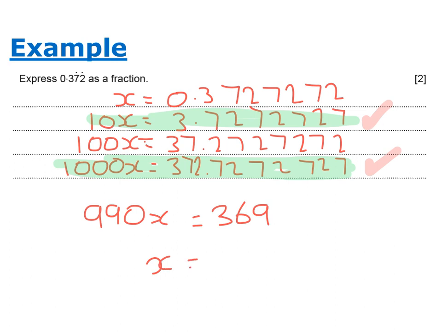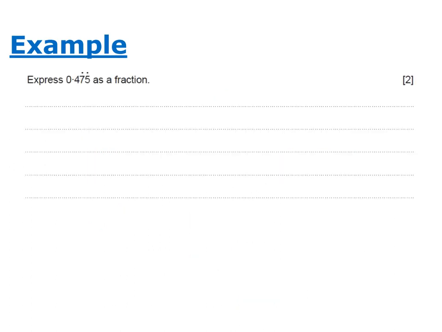So x must be 369 over 990. Now that answer is sufficient. You can simplify it if you wish to. Sometimes in the question it will ask for it in its simplest form. However, if it doesn't, then you don't need to simplify.